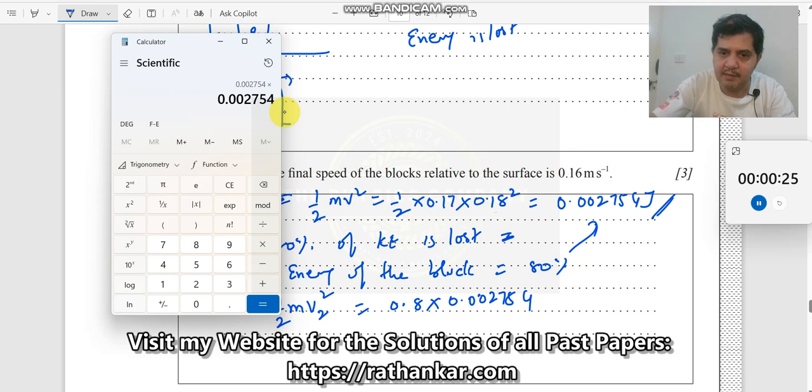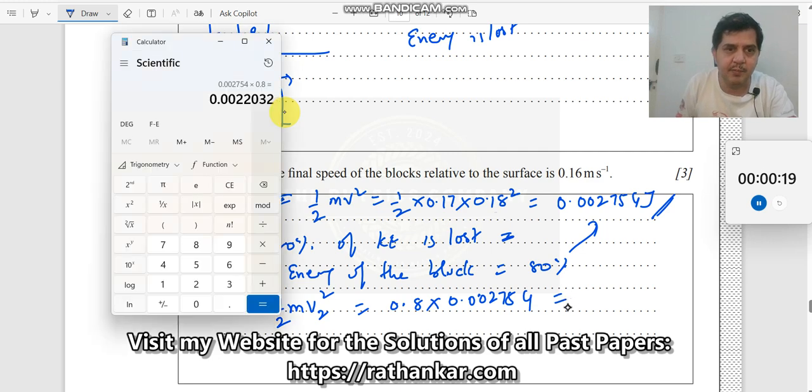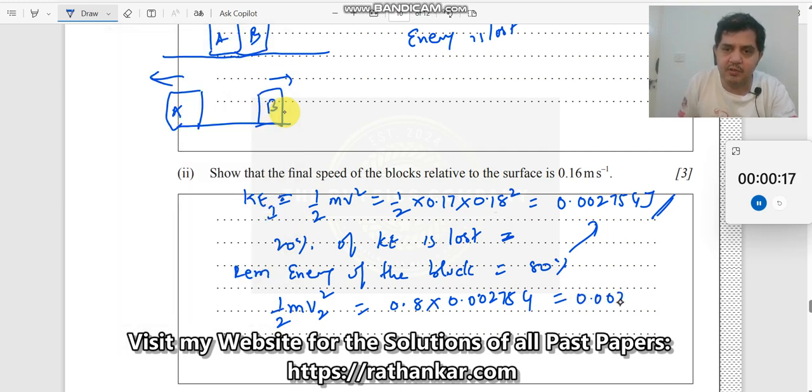So this multiplied by 0.8 is 0.0022032. What do I need? I need v2. V2 is equal to the square root of 2 into 0.002232 divided by m. When I do this, how much do I get?